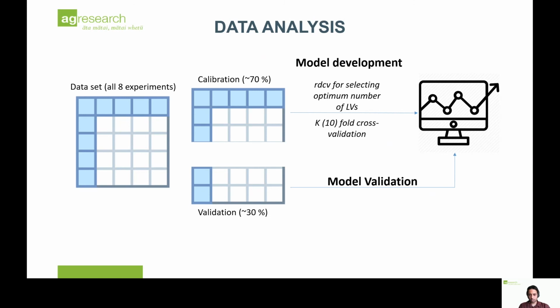Then once these optimum numbers of components were obtained, we used a k-fold cross-validation strategy using 10 folds to cross-validate our models. Then finally, these models were externally validated using the validation dataset, which is unseen by the model itself. So we developed 2 models, one for IMF and one for pH.